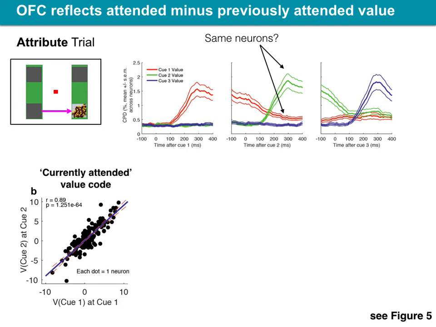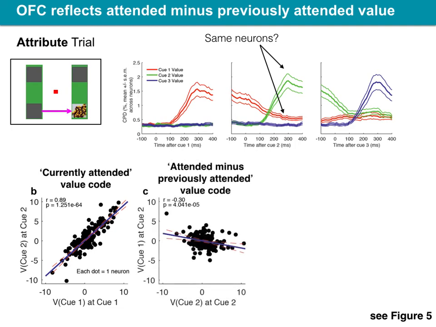But what we can also see, as I mentioned, is that when the subject shifts their attention to the second cue, the value neurons don't return back down to baseline. They still have some memory of a previously attended cue. And so we can now ask the same question about whether these population codes for these two variables are related to one another.